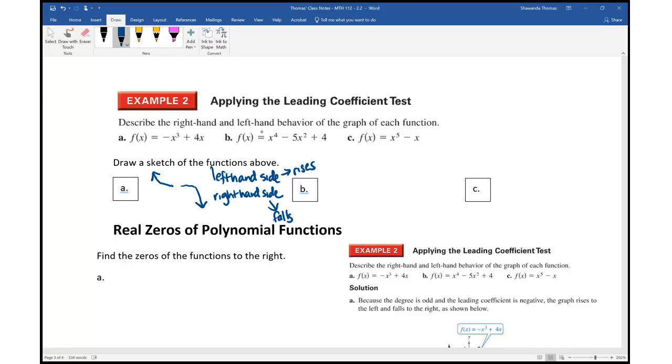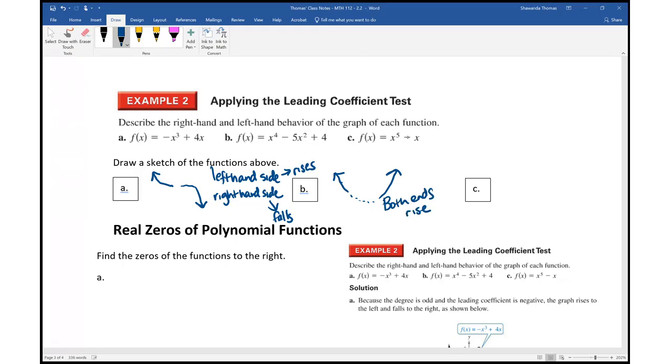The leading coefficient is 1, so it's positive, so it will act like, and I'll put a little dash in the middle, because the dash represents the fact that we need to determine what's going on in the middle with some additional methods or tricks, but we do know the end behavior. So both ends rise in this case.